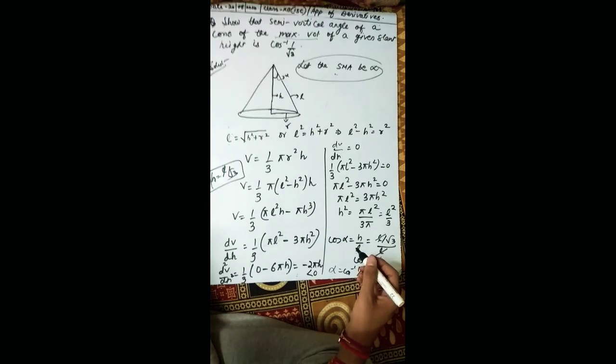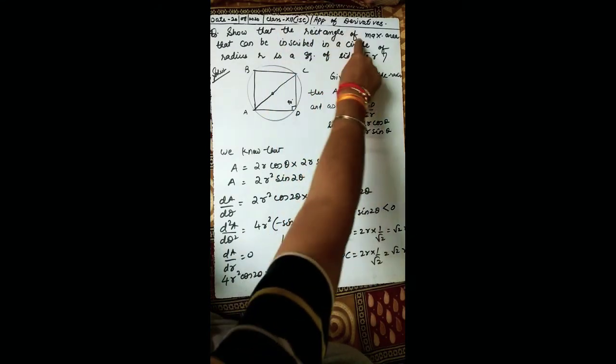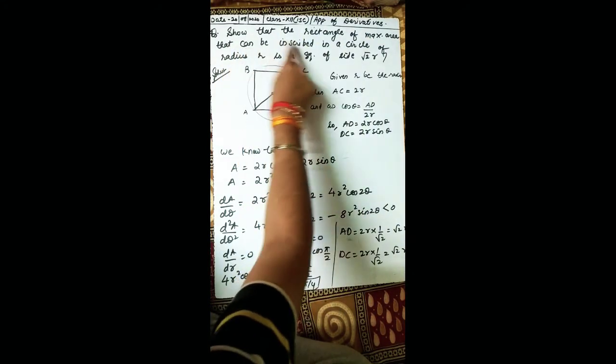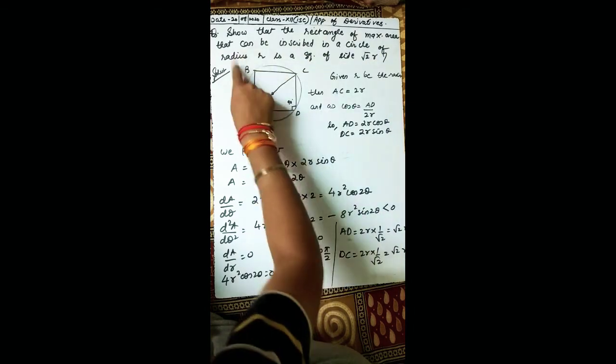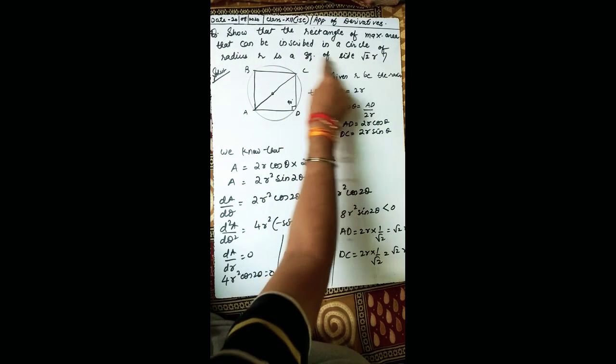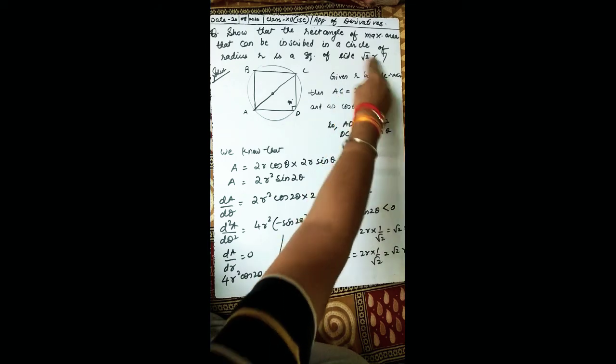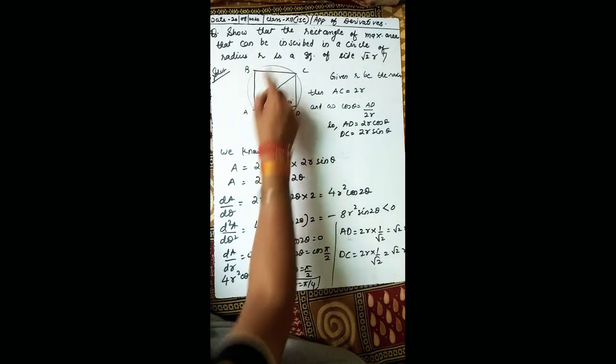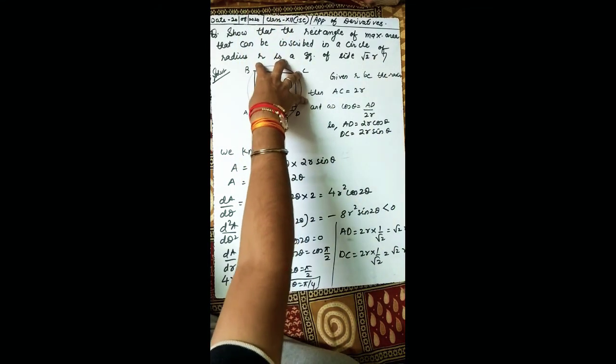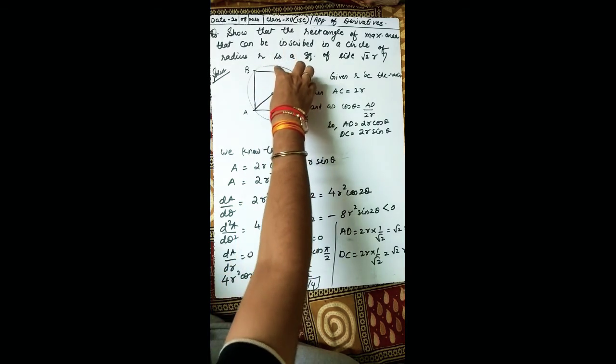Okay, let us take this question. It says, show that the rectangle of maximum area that can be inscribed in a circle of radius r is a square of side under root 2 r. That means this is the rectangle which is inscribed in a circle, of maximum area.